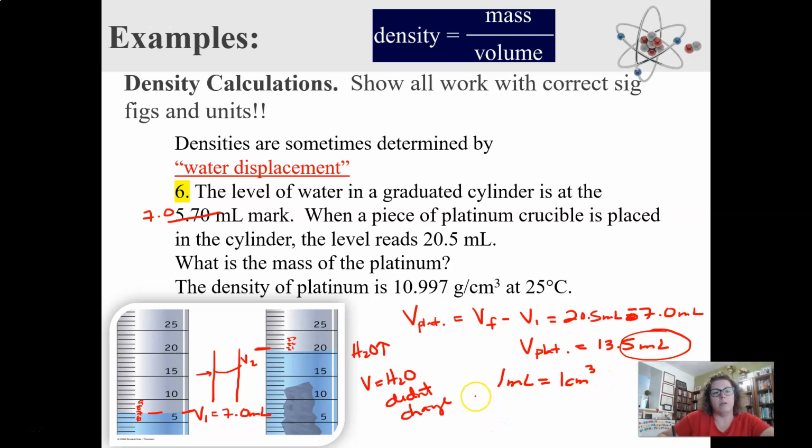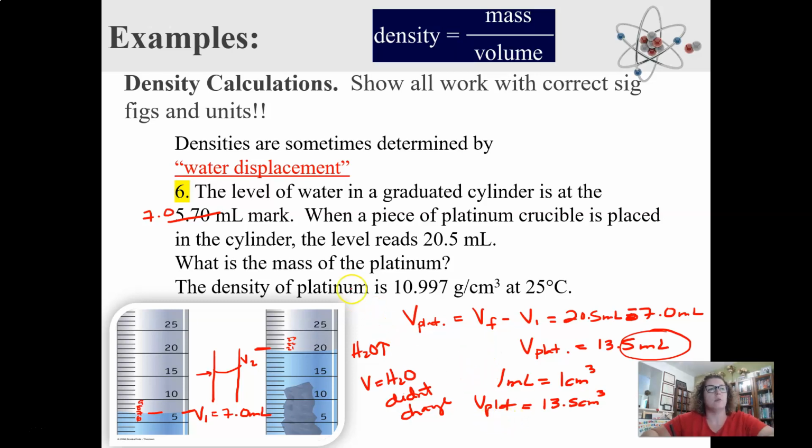So now my volume of my platinum, and actually I could have put it right here, is 13.5 centimeters cubed. And all of this is your showing, your justification to AP of what you're doing. You have to make it organized and concise so they know what you're doing. They don't have a lot of time to grade your responses. They get a certain set time, and it needs to flow.